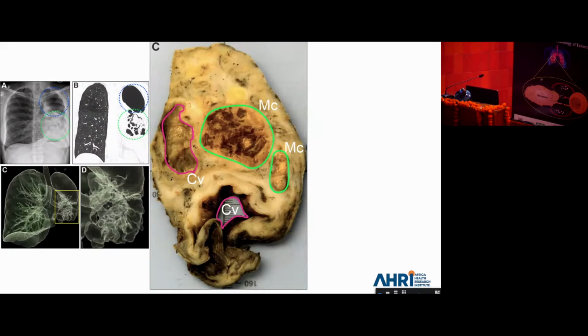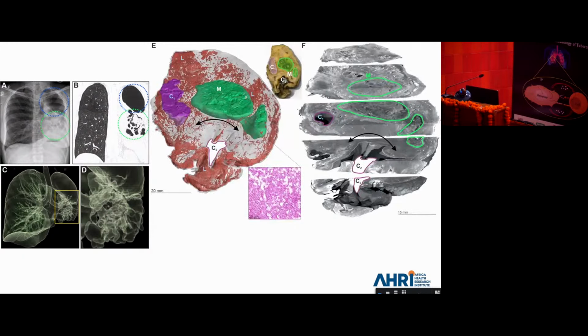And pathologists, and myself included, over time can easily recognize them. They have sort of an orangey tint on them. So this is a cavity that's filled with the fungus, typically Aspergillus.